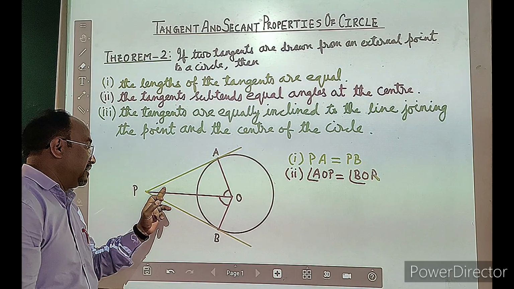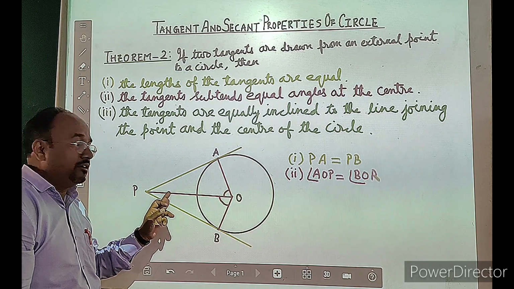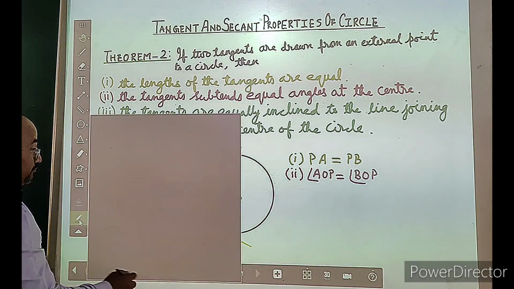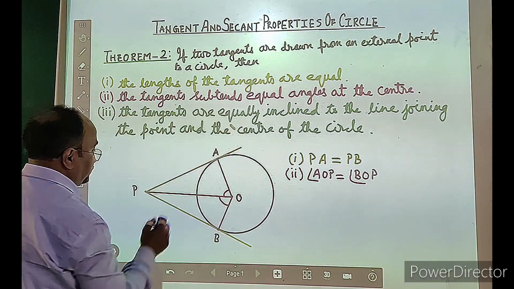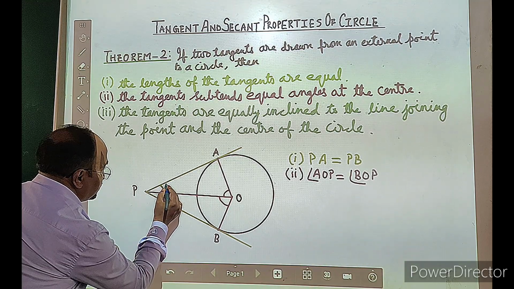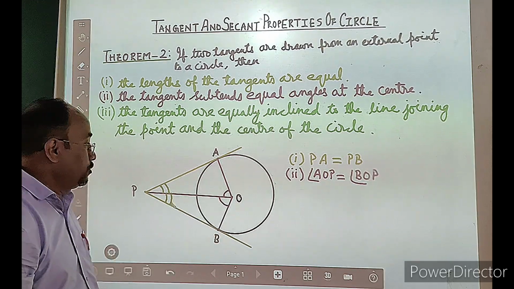Equally inclined means the angle made by the tangent and the line joining the center on both sides will be equal. So let me mark it. So these two angles we are going to get equal.